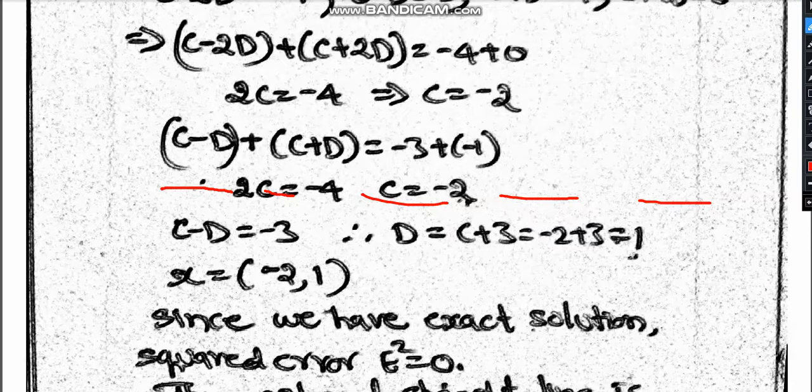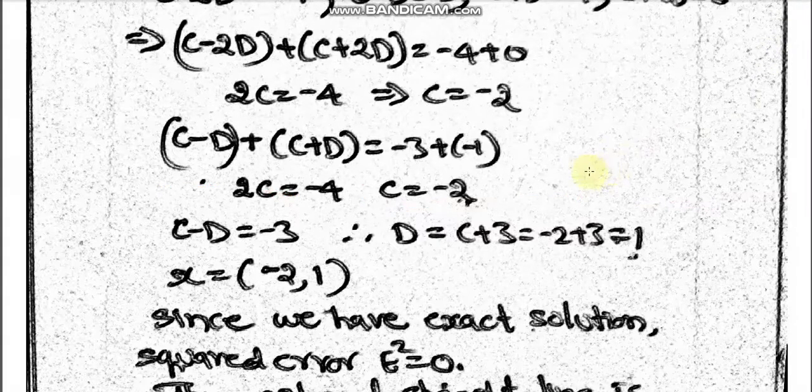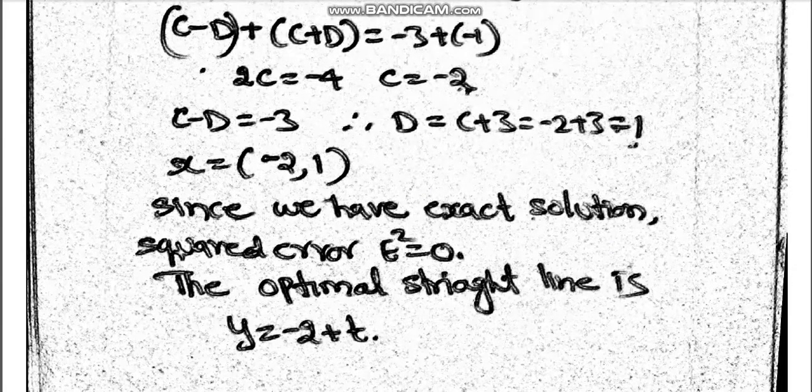So you are getting c equals minus 2 and d equals 1. Now check the exact solution, and check the error. How do you find the error? From the equation, you can find the squared error. So the squared error is equal to 0.